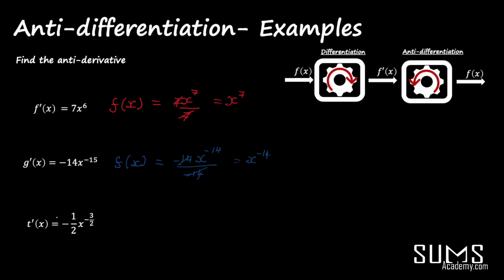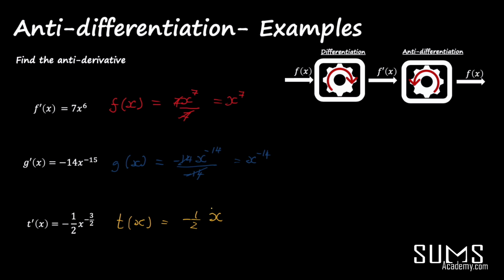Last one. Oh, that was g, my apologies. That should be g of x. So last one. What's t of x going to be equal to? Okay, so I'm still going to have the negative 1 over 2. But this x here is going to be 1 bigger.